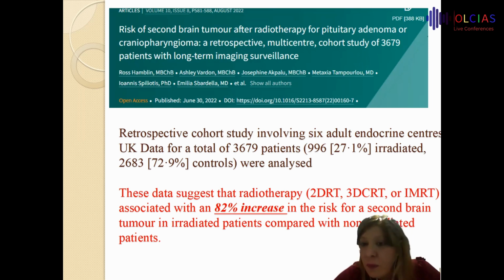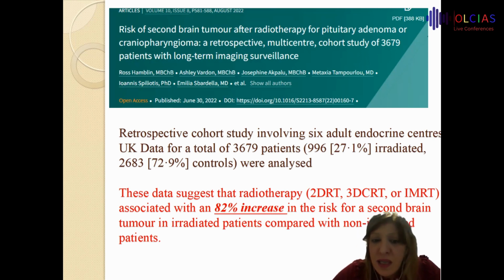The first group is the patients who received irradiation, and the second one is the patients who didn't receive irradiation, and we consider this group as a control.